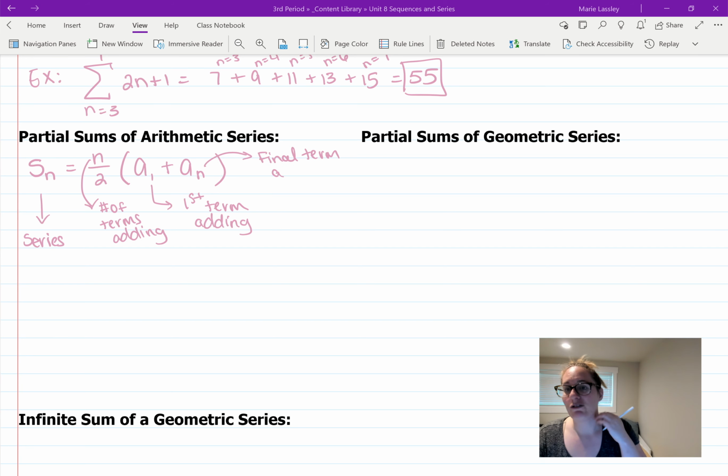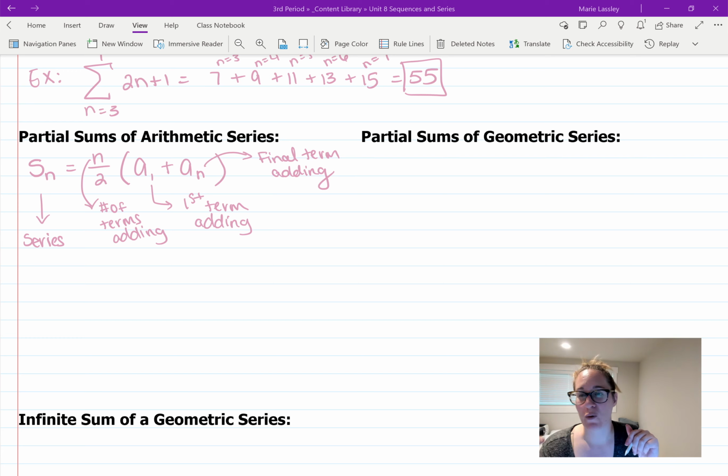Now, I know I keep saying the first term we're adding, the final term we're adding, the total number of terms we're adding. Generally, and for you guys in this class, because this is a condensed version of this unit, sequences and series light, we are always going to be starting with term number 1 as the first term that we're adding in the sequence.